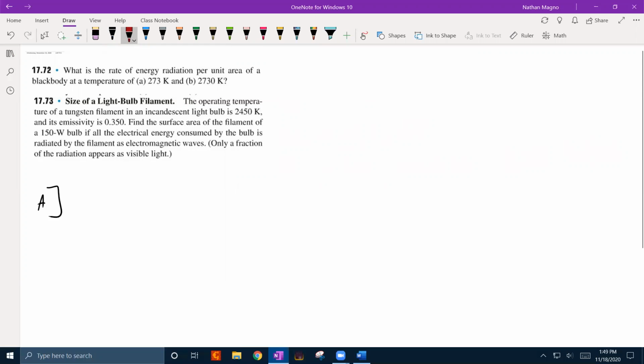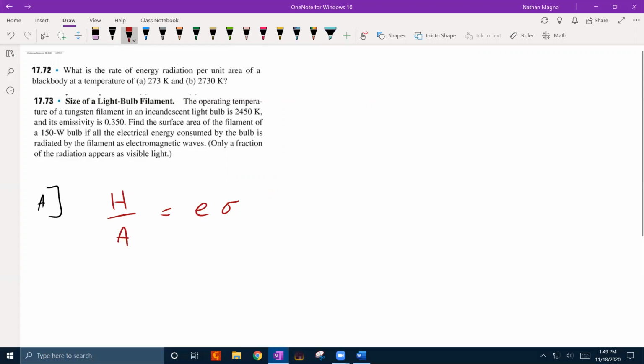Okay, so the equation for, how do I say this, heat current. Let me just write it out and then I can say it better. H is your heat current divided by your area. That's going to equal your emissivity, e, which is like a constant for different objects or materials, times sigma, your Stefan-Boltzmann constant.